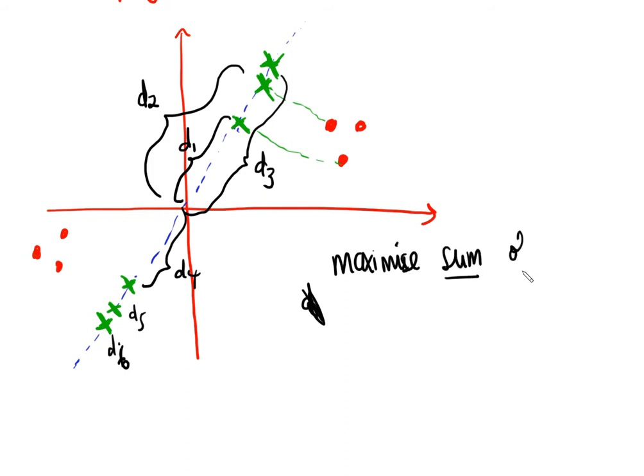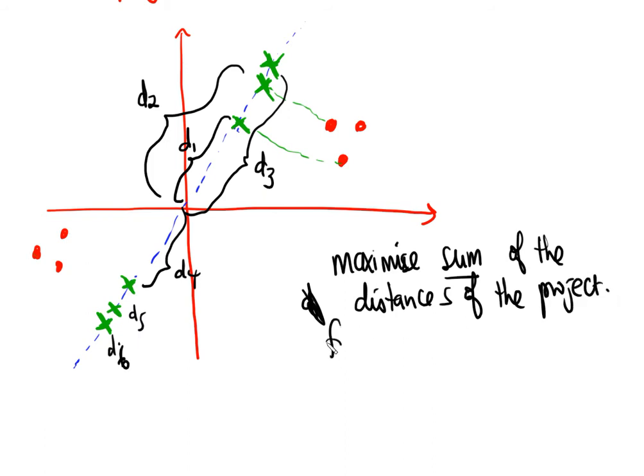So what we are maximizing is the sum of the distances of the projected points from the origin.